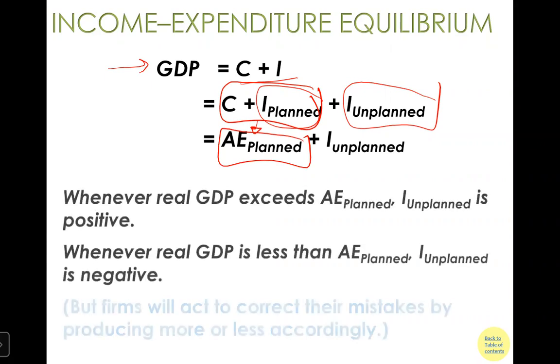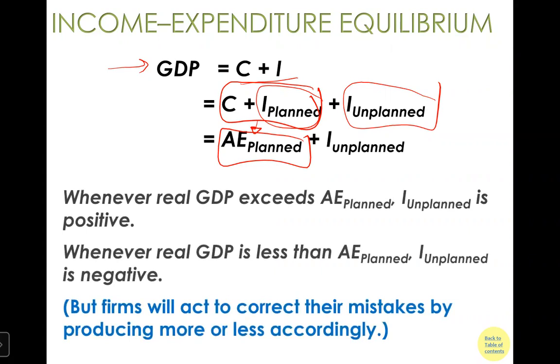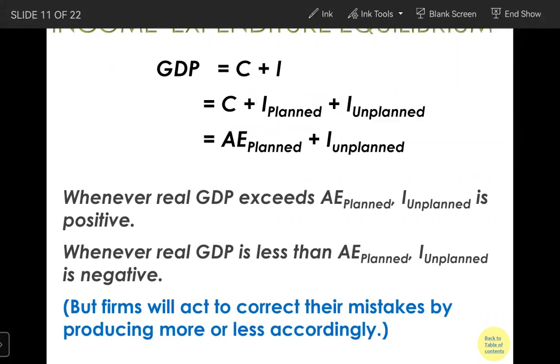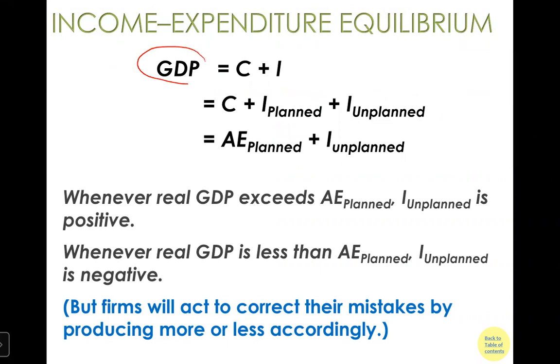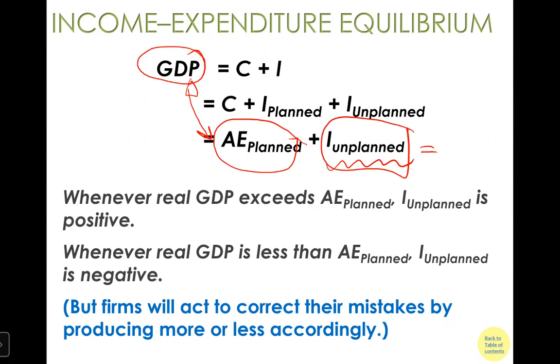So you can see by comparing these equations, let me just highlight, the left-hand side is GDP, the right-hand side is planned aggregate expenditure plus unplanned inventory investment. And from this equation, we already know GDP equals planned aggregate expenditure if and only if this is equal to 0.